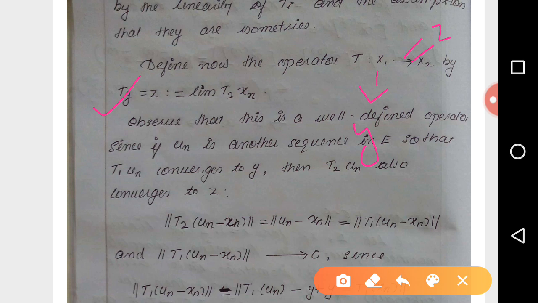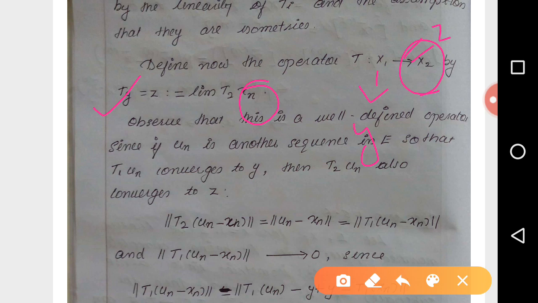Since we know that T2 is an isometry into the dense subspace of X2, for any element from X2 we can find a sequence xn such that T2 xn converges to this z.